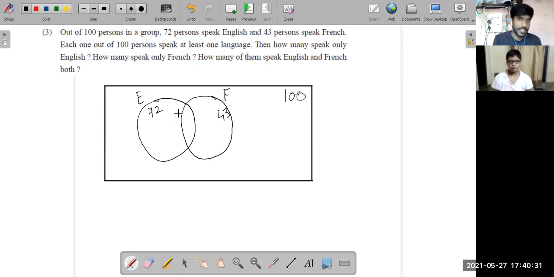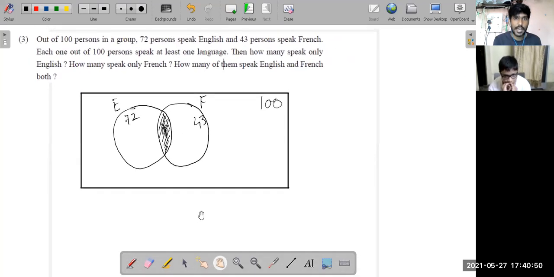So you have to find out this first, A intersection B. And after A intersection B, you have to find how many speak only English.